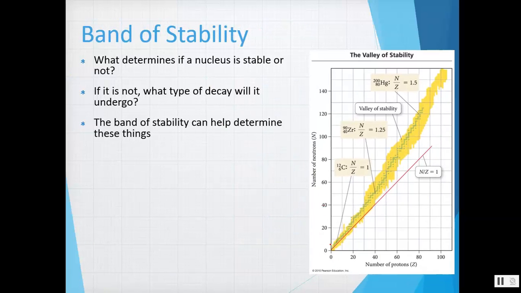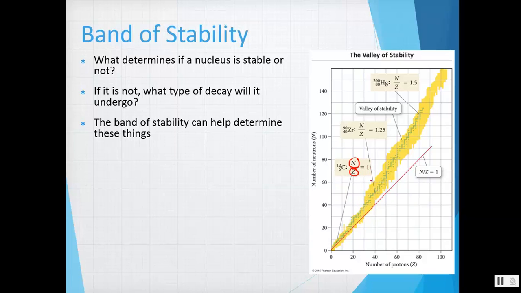What determines this is what we call the band of stability. So if we look at all of the isotopes, we see that stable isotopes exist in this yellow shaded region here. If we look at the ratio of our number of neutrons to our number of protons, which is our atomic number, for the smaller elements, we see that that ratio for stable isotopes is roughly 1.